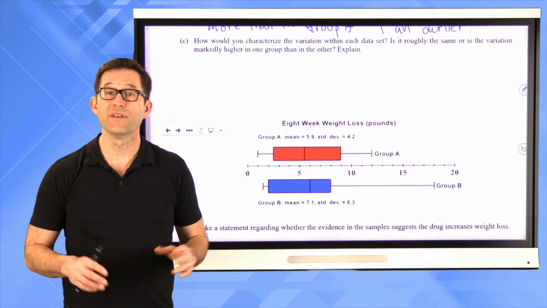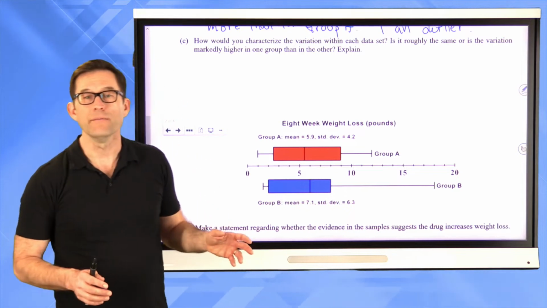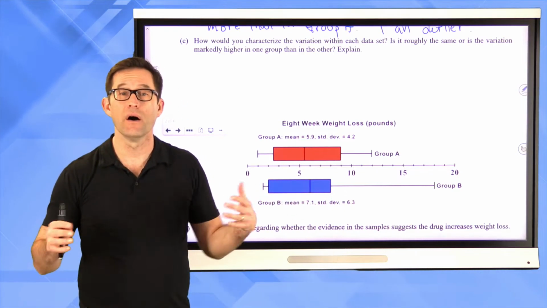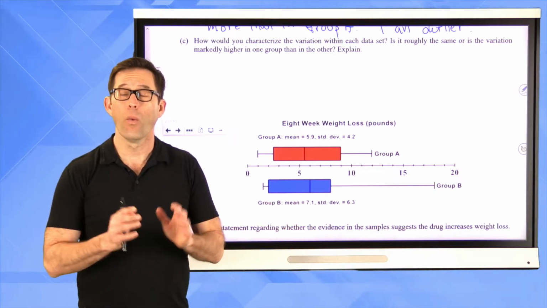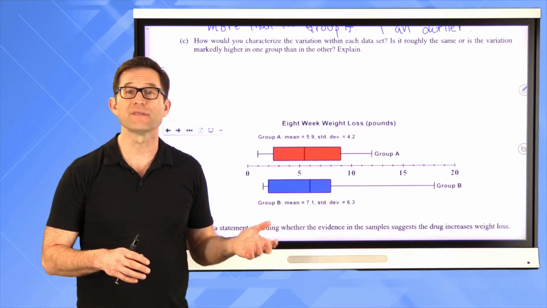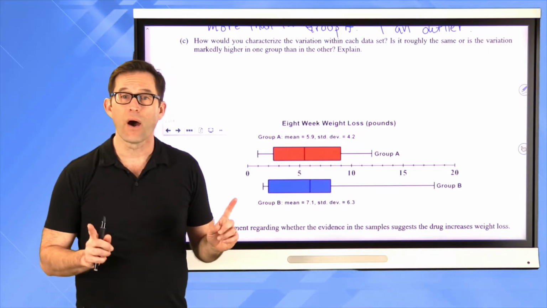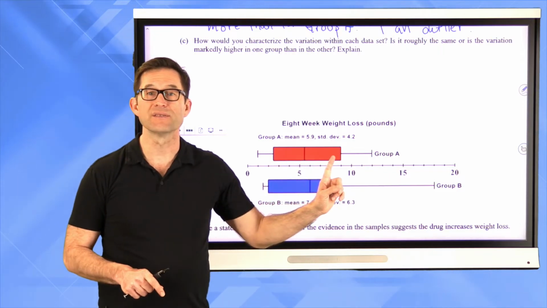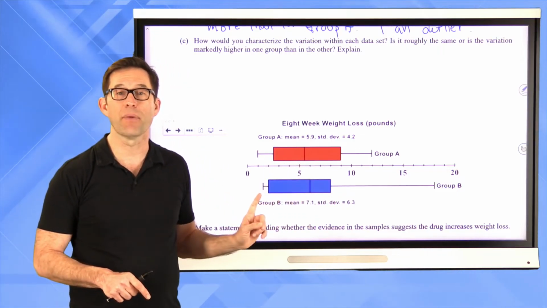Well, this one's kind of interesting, because we've got two very good measures of variation. One of them is the interquartile range, and the other one is the standard deviation. You can probably visually tell the interquartile range is the width of the box in a box diagram.